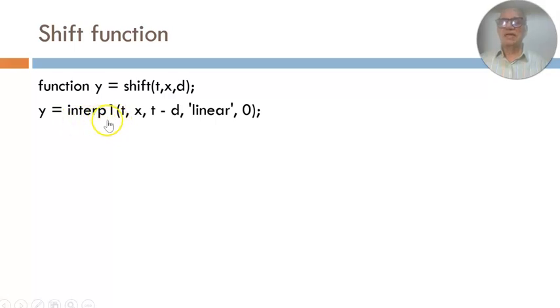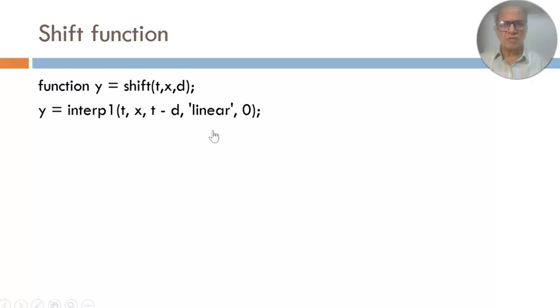So there is a direct function available in MATLAB which will enable you to generate shift without having to code yourself. So what are the parameters you pass? You pass t, you pass x, that is the input signal, and then you pass t minus d. Okay. So once these parameters are passed, this will actually generate a shifted signal.